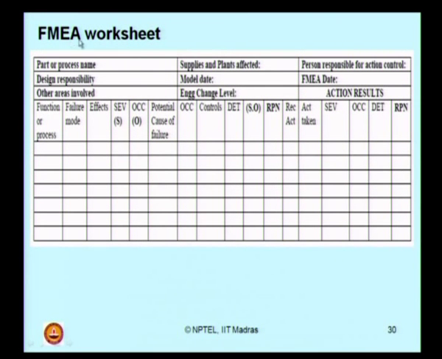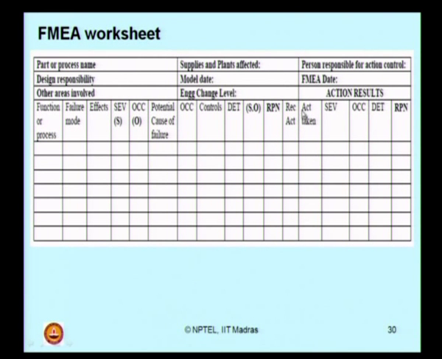So we have an FMEA worksheet where I am going to write down the function or the process, what are all the failure modes, what are the effects, what is the severity, what is the occurrence of that failure mode, what is the potential cause. I try to give them in terms of a number, try to multiply these three and find what I call the risk priority number.